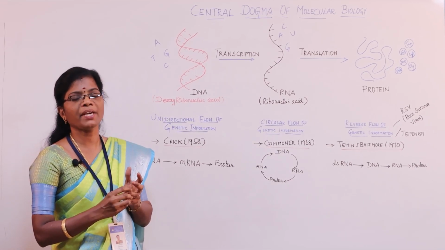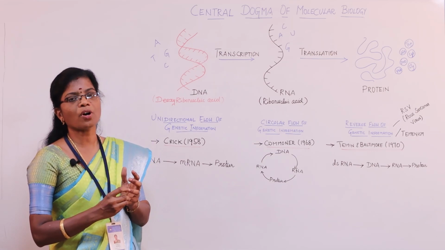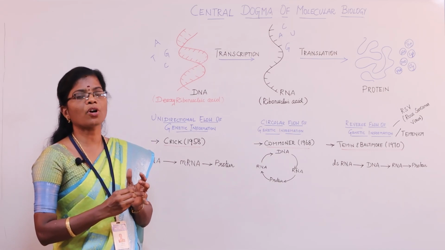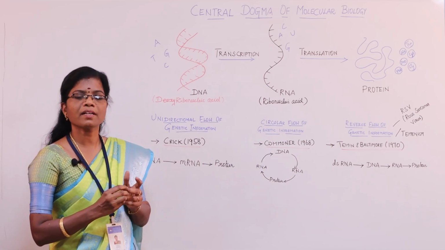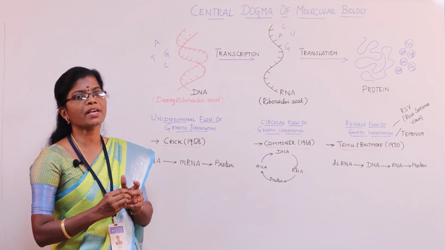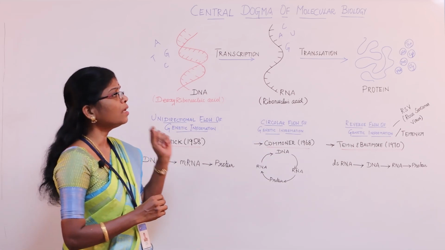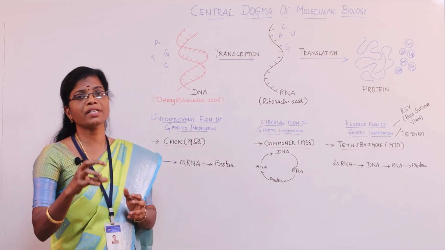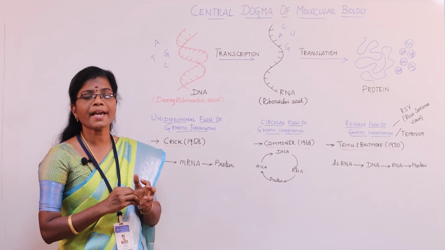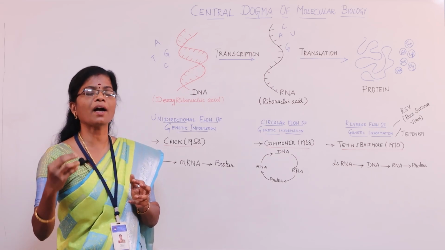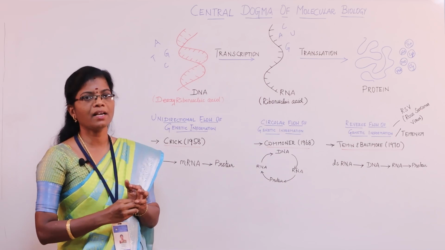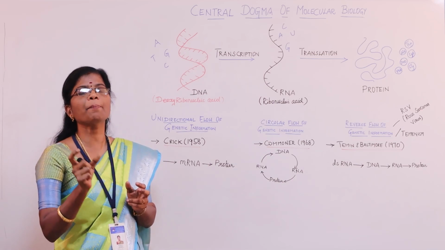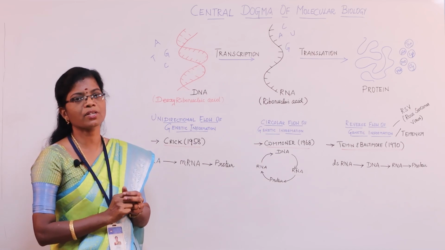The A site is the aminoacyl site, the P site is the peptidyl site, and the E site is the exit site. What is the role of these three sites during translation inside the ribosome? At the A site, the incoming amino acids are added. The P site is where the peptide bond formation takes place.